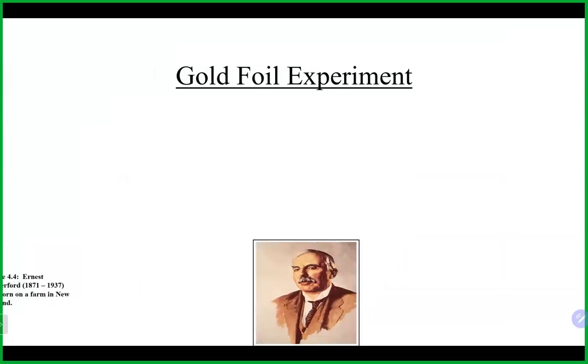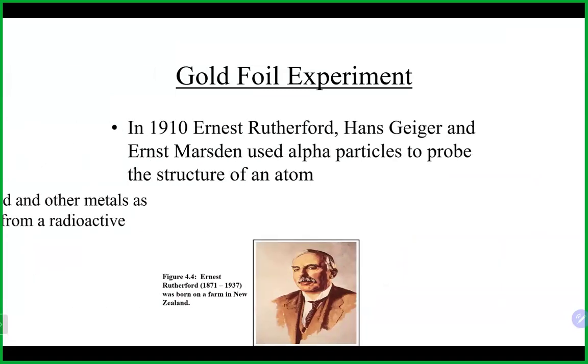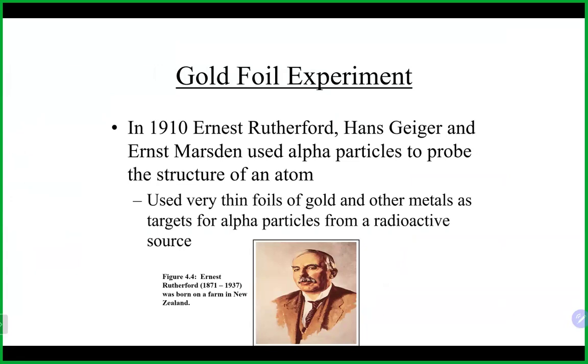And then came along the big experiment, if you will, that really changed the idea of what an atom looks like. With this accepted plum pudding model, we have our next really important experiment, which is known as the gold foil experiment.